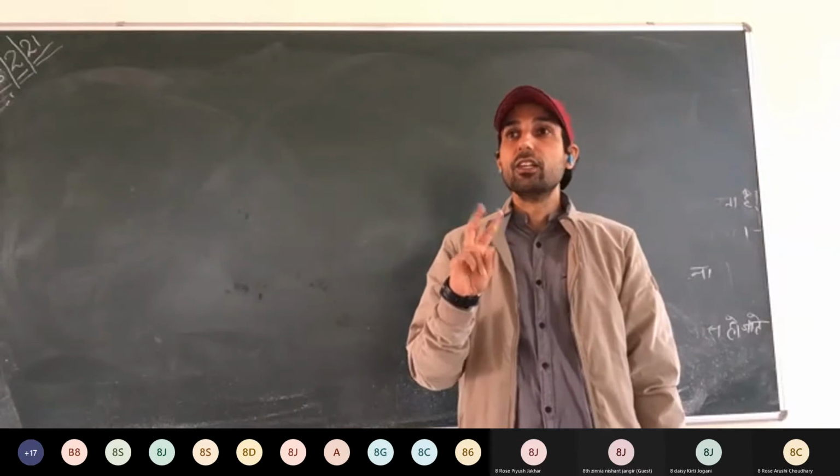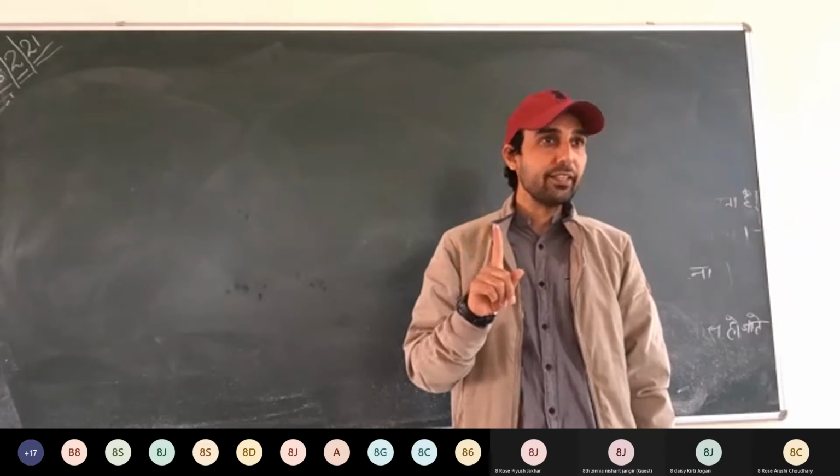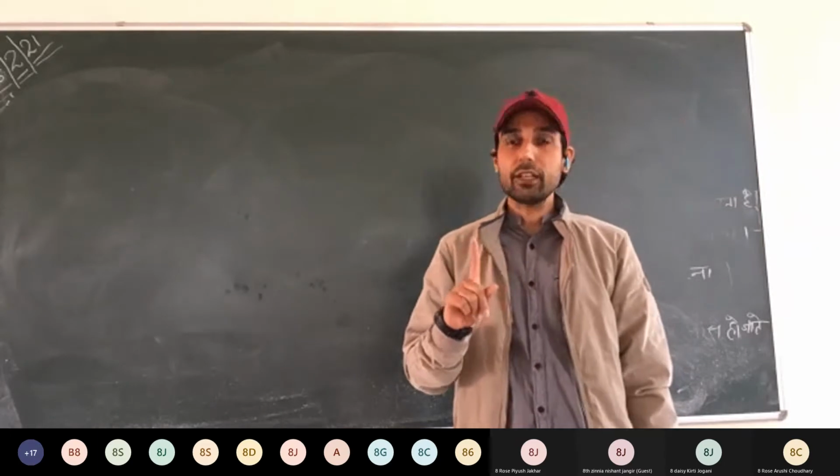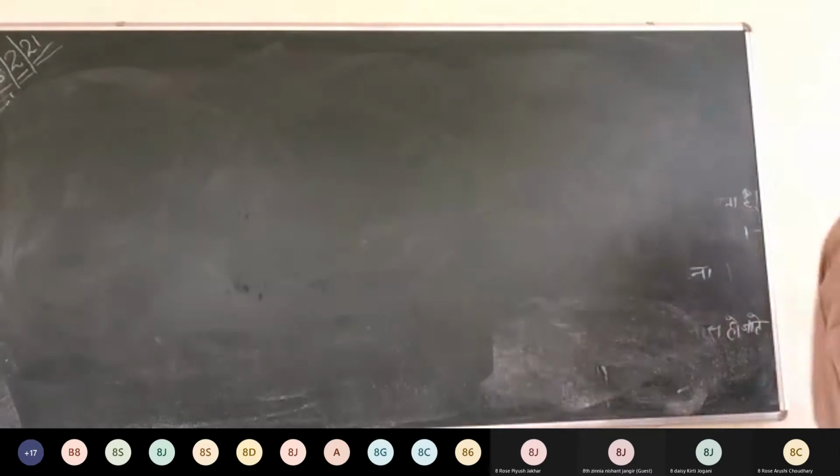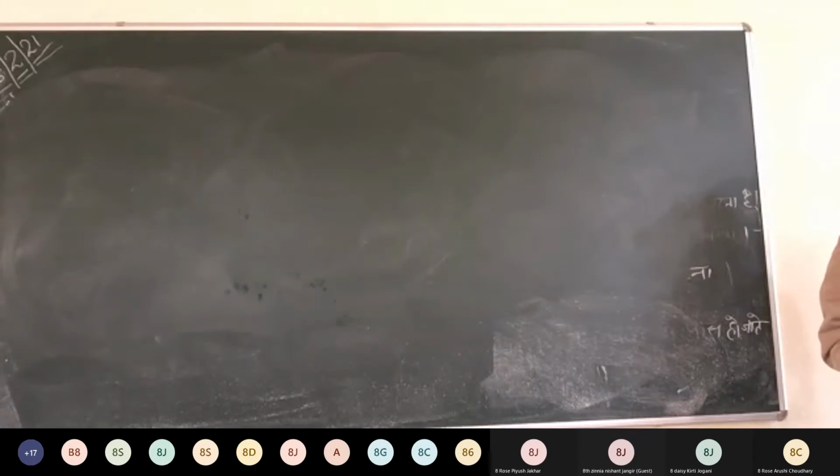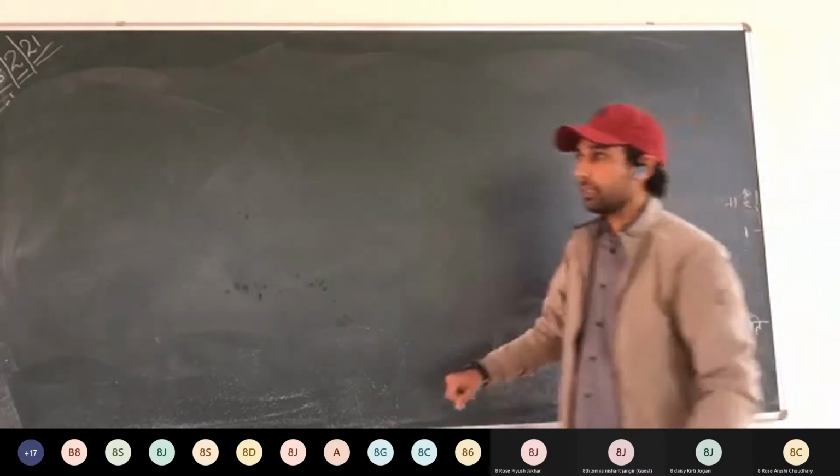Two diagonals and one side. AC and BD are diagonals. CD is the side.